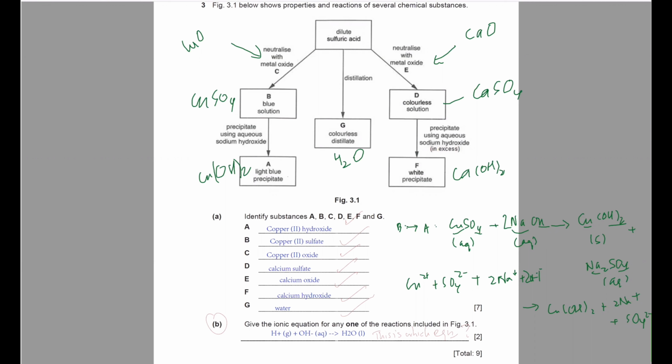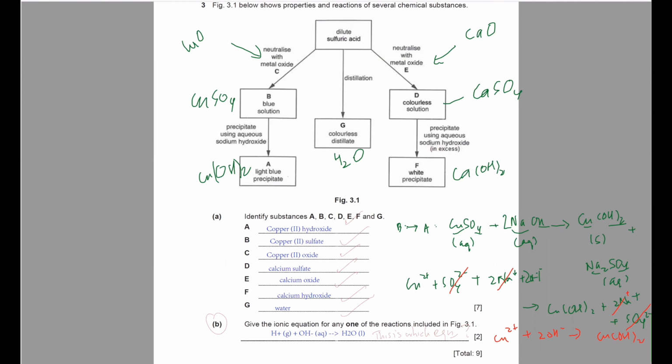Then you strike out the ones that are common, so you strike out this, then the sulfate here. Then you'll be left with Cu2+ plus 2OH- gives you copper hydroxide.